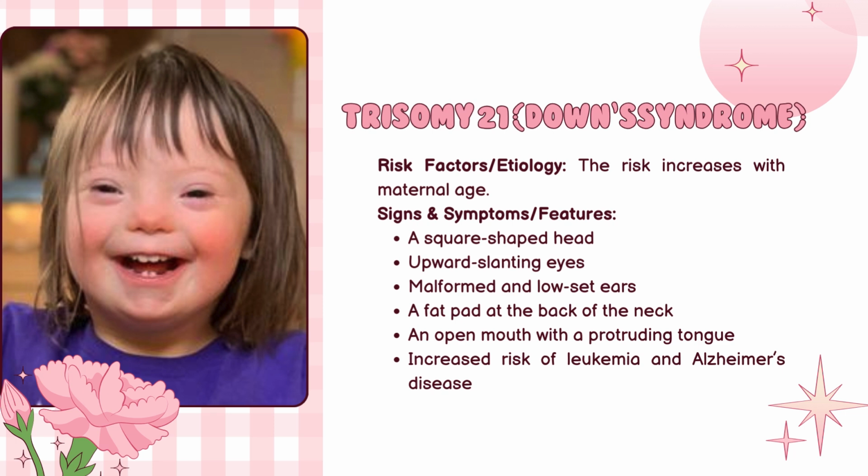The risk factor behind this is that the risk increases with maternal age. I put a picture here so you can reference it, but they usually have a square-shaped head, upward slanting eyes, low set ears, a protruding tongue, and they're also at increased risk of leukemia and Alzheimer's.